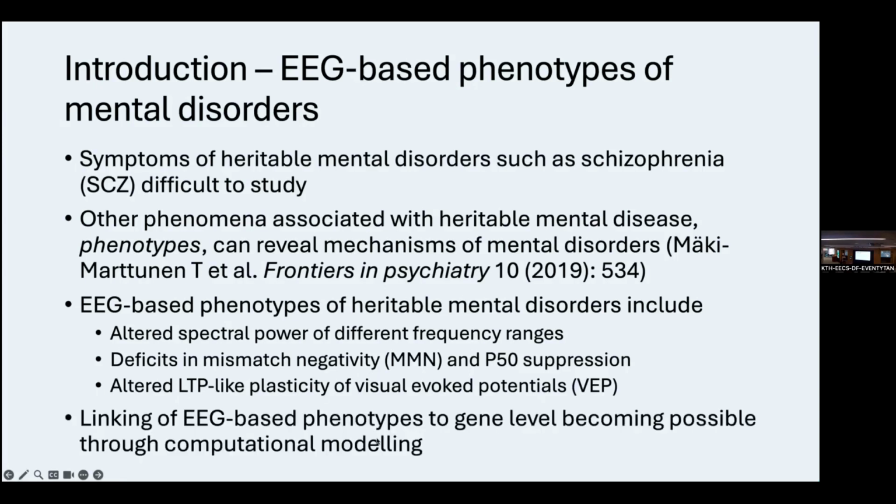And what I want to argue is that it is becoming possible, through both advances in computational modeling and genetic data, to really link these phenotypes, or map them down, to a gene level.